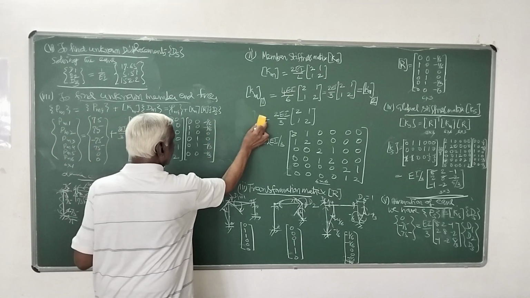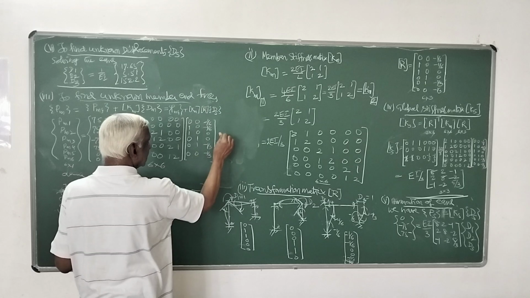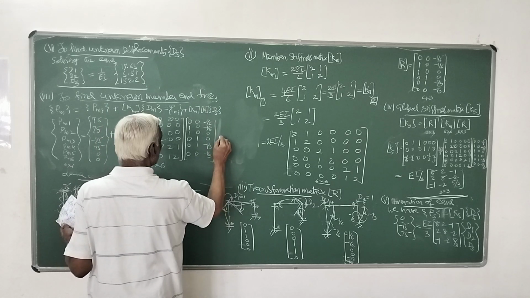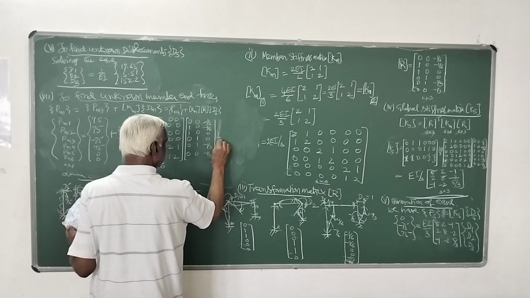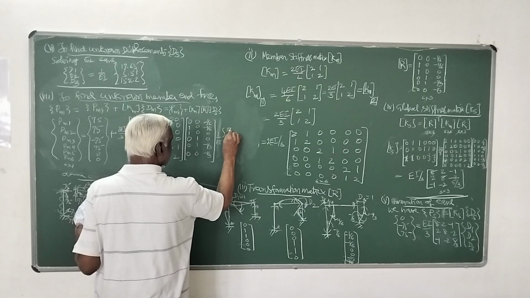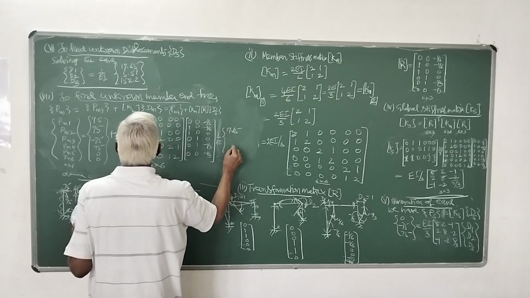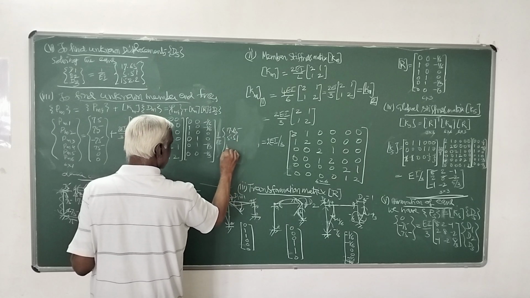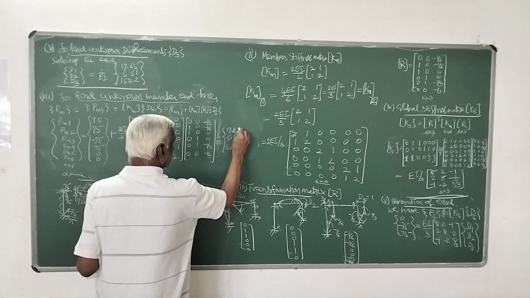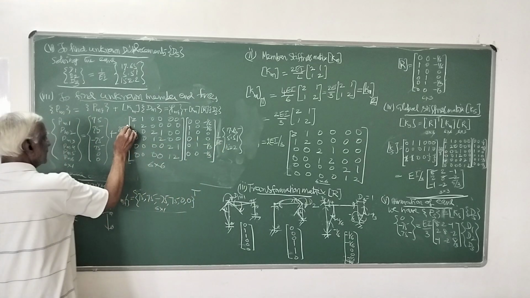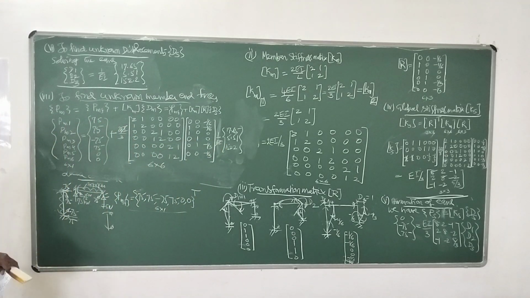Then d, as we have just determined, is equal to 1 over EI into 17.65, 5.51, then 152.2. So this EI and that EI, you can take out. Now you can multiply.